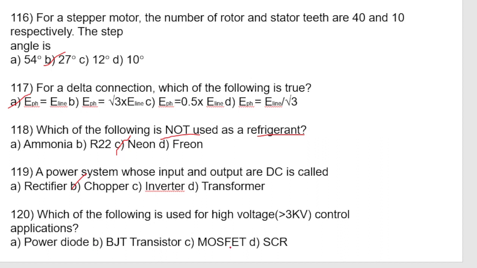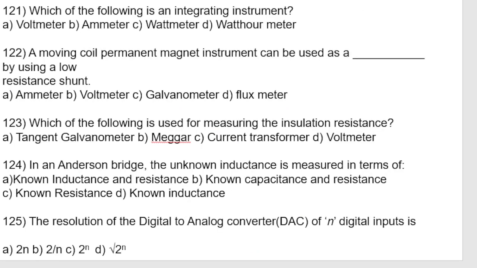Power diode, BJT transistor, MOSFET, SCR. So basically SCR is used for that. Which of the following is an integrating instrument? Voltmeter, ammeter, wattmeter and watt hour meter. So basically watt hour meter.